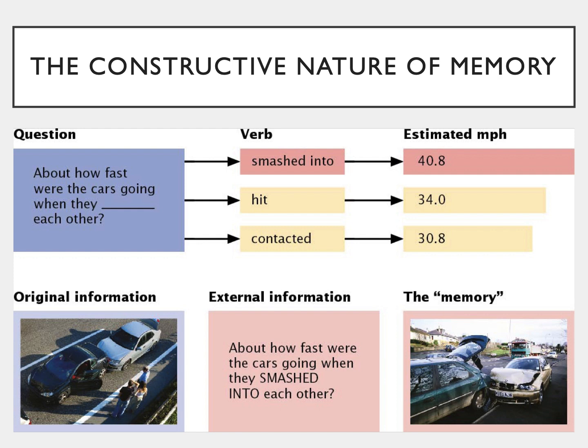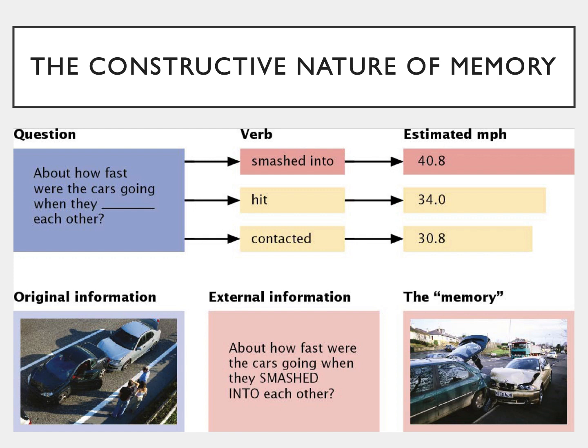So you can see in the bottom left-hand picture, that is the original information given to the research subjects. From there, the external information was about how fast the cars were going when they either smashed into each other, hit each other, or contacted each other. Based on which verb was used, participants estimated the miles per hour speed differently.